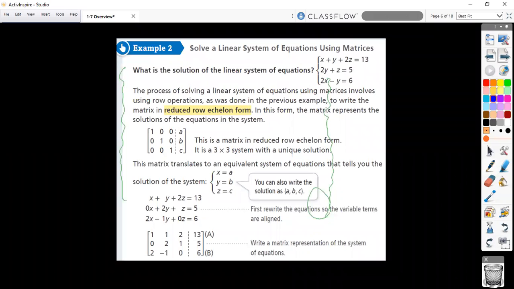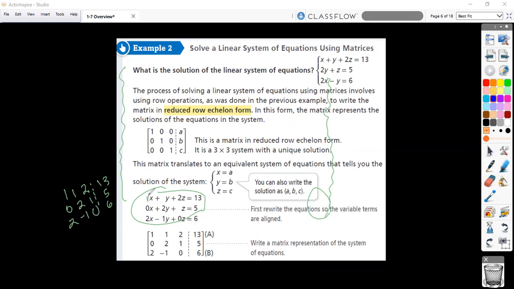The reduced echelon, this is again showing us we want ones through all those diagonals. And yet, if we just start with this problem down here, with the 1, 1, 2 augmented on the right, 13, we're going to put that in a separate matrix, 5 and 6, and then the 0, 2, 1, and the 2, -1, 0.